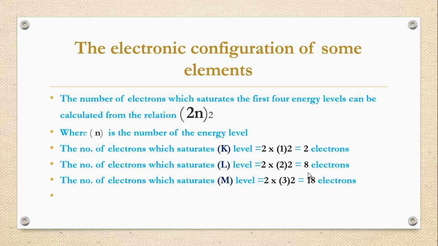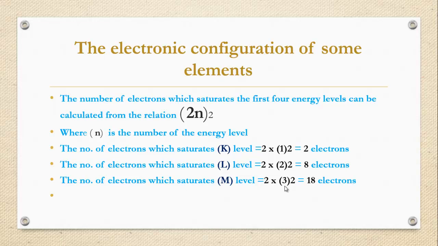What about the M level? You can calculate it now by yourself. 2 is the constant number, times n. The M level is the third energy level. Its order equals 3. So 2 times 3 power 2. 3 power 2 means 3 times 3, which equals 9.